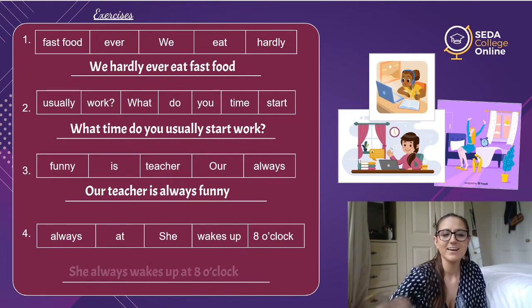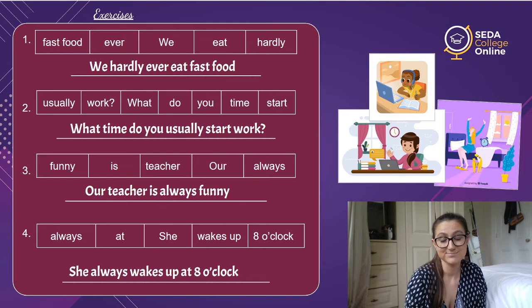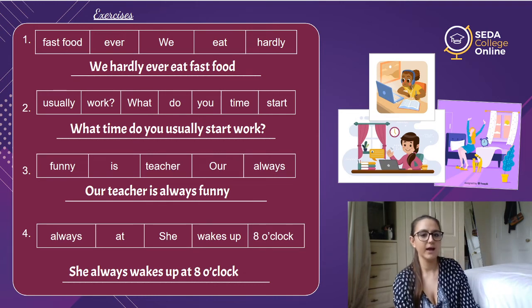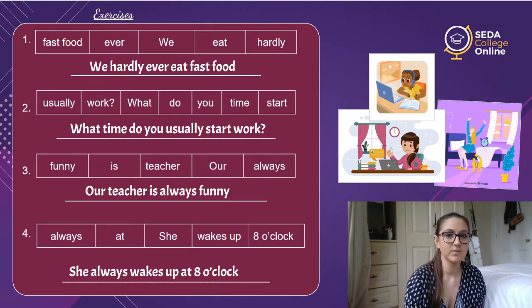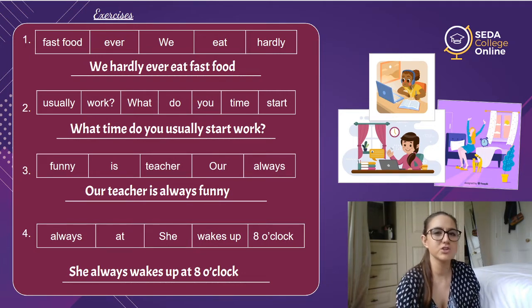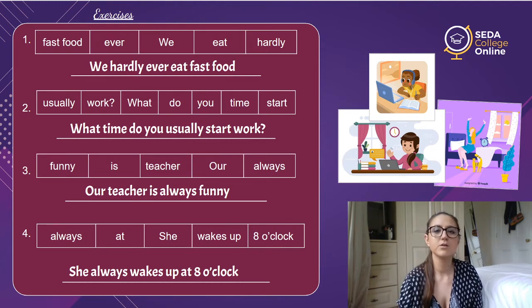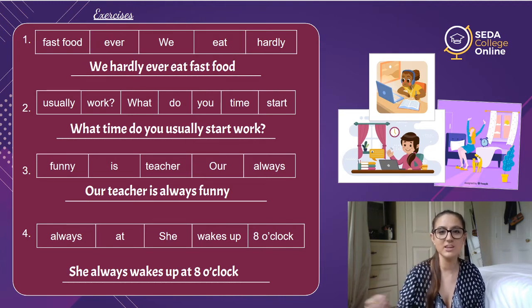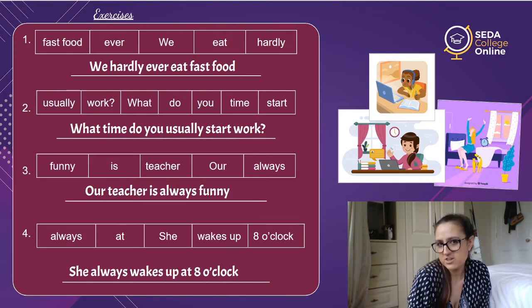Number 4. She always wakes up at 8 o'clock. So she wakes, I wake up, she wakes up. We change our verb for he, she, it, remember? So one more time for pronunciation, right?